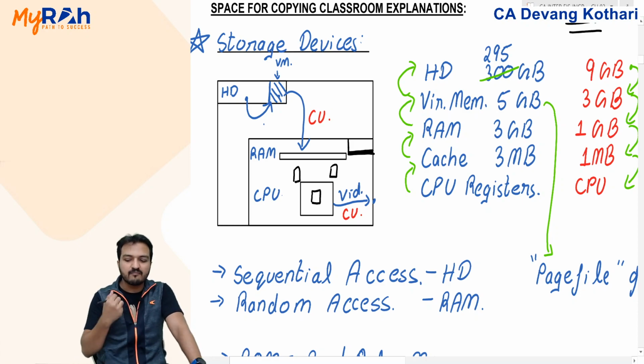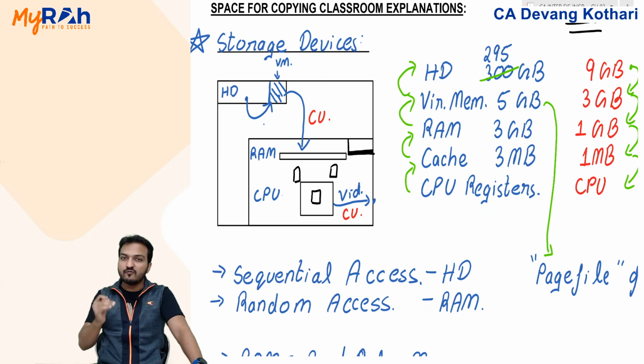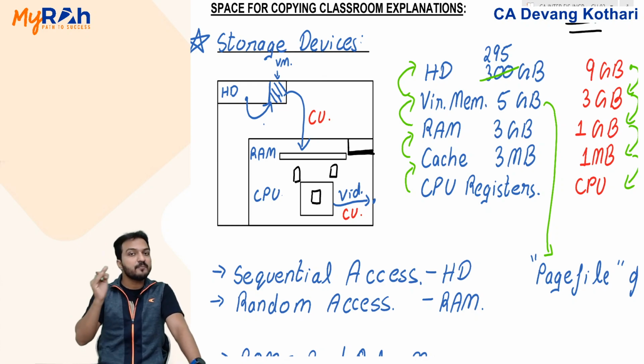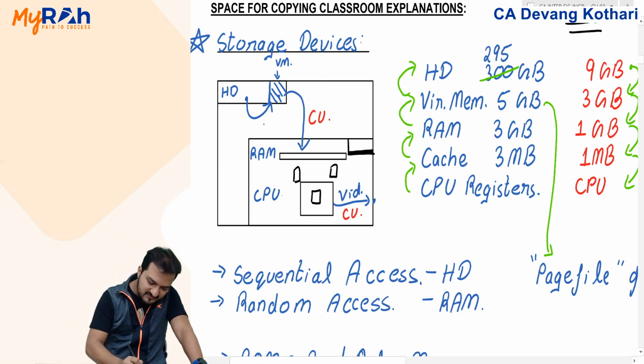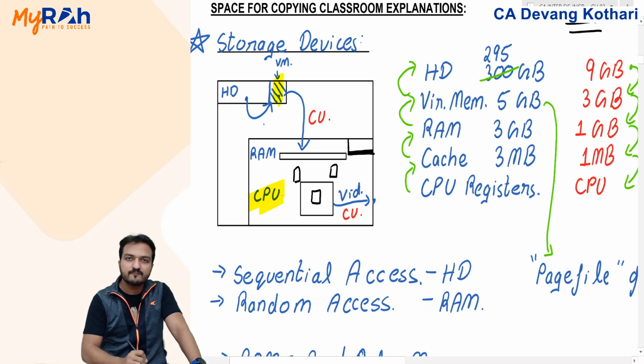So whom am I fooling? Well, virtual memory is a concept where I fool the CPU. I am trying to fool the CPU to believe that this part is also to be used as if it was a RAM.